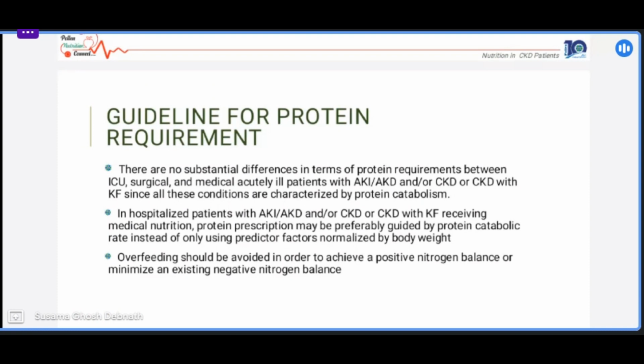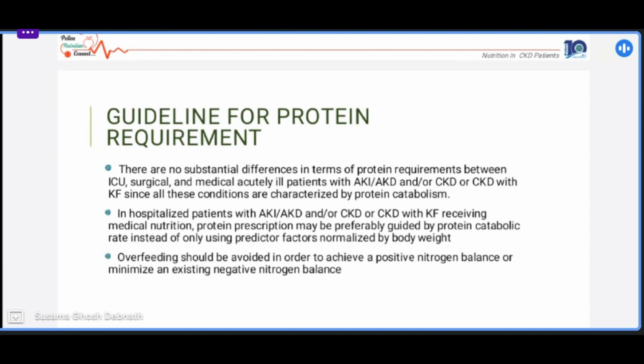So, guideline for protein requirement. That is very important because in CKD mostly we get two types of patients. Some patients are suffering from chronic kidney disease, but they are within stage 3 and not getting dialysis, and some patients are getting dialysis, hemodialysis. So in both of the cases, nutritional requirement is very different.